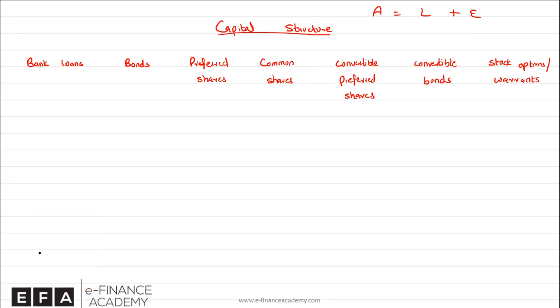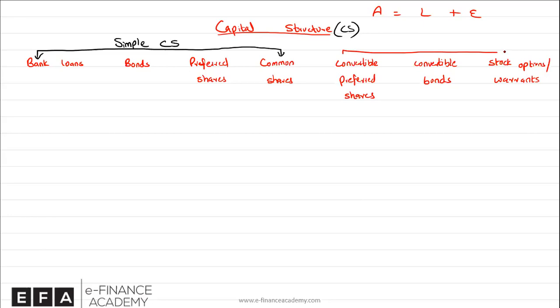So when you have a capital structure that only includes these simple securities, then it's called a simple capital structure. So let's say in short, CS represents capital structure. So then you have a simple capital structure. However, if you add any one of these securities to a simple capital structure, then they make the capital structure complex.